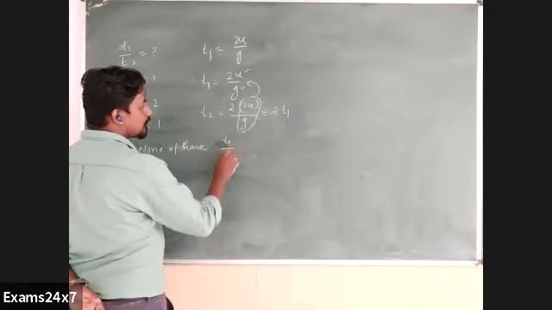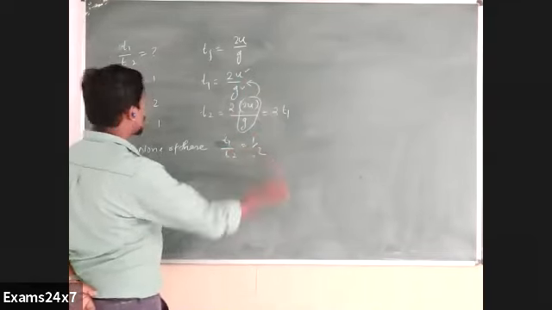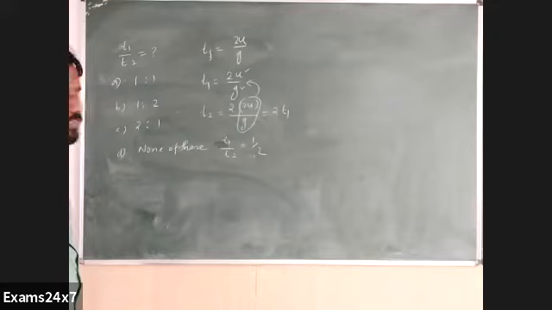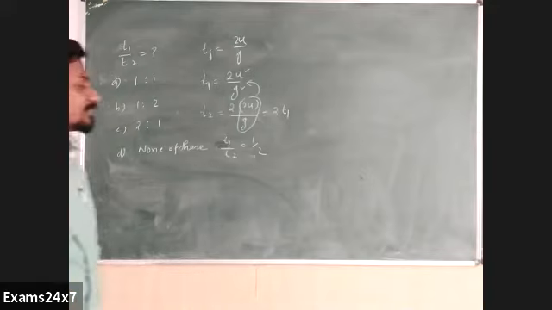So t1 by t2 is equal to 1 by 2, 1 is to 2. Clear? Easy?